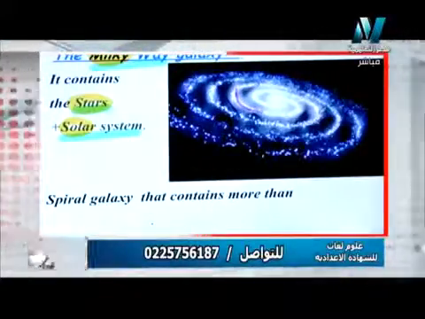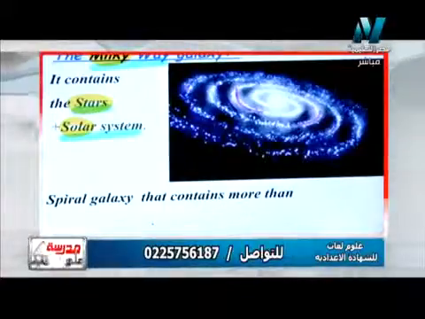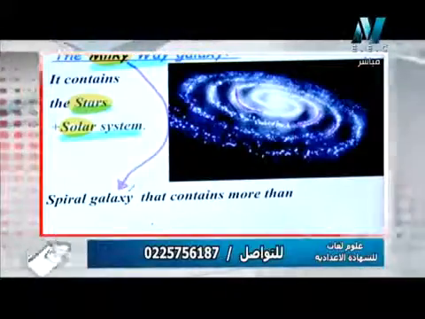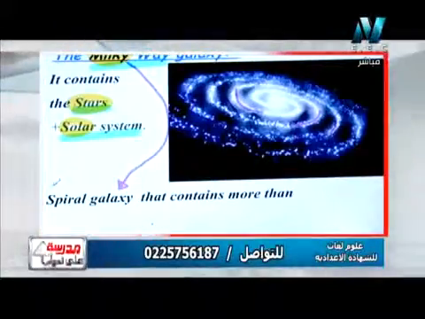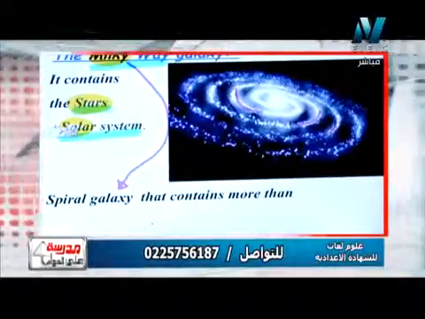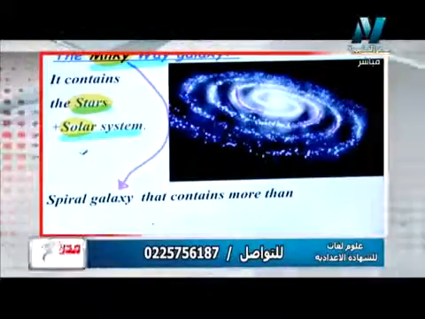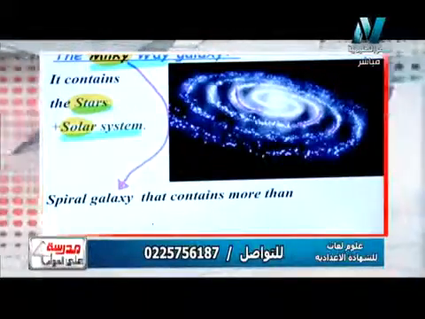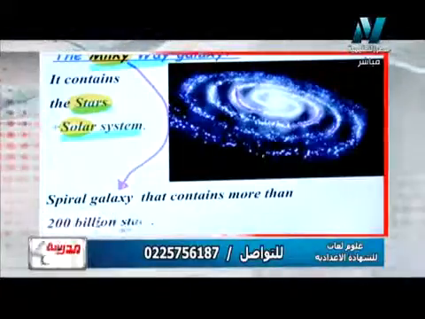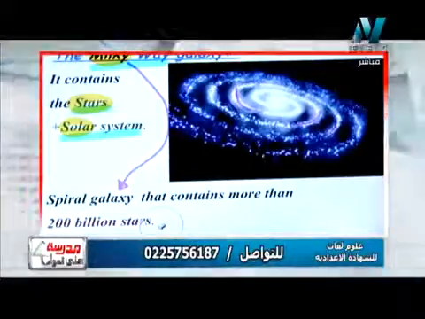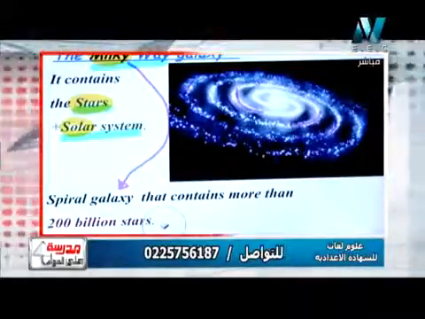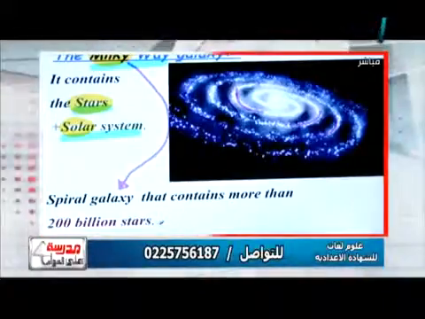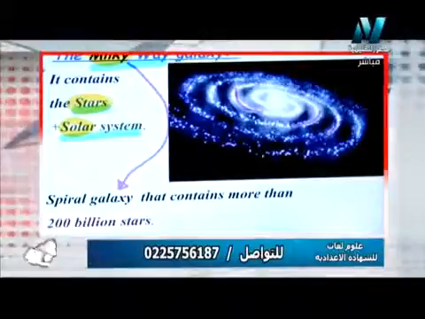So the Milky Way galaxy is a spiral galaxy, as you see here, and contains about 200 billion stars. We are talking about a galaxy, and the galaxy is a group of stars: 200 billion stars in the Milky Way galaxy only.